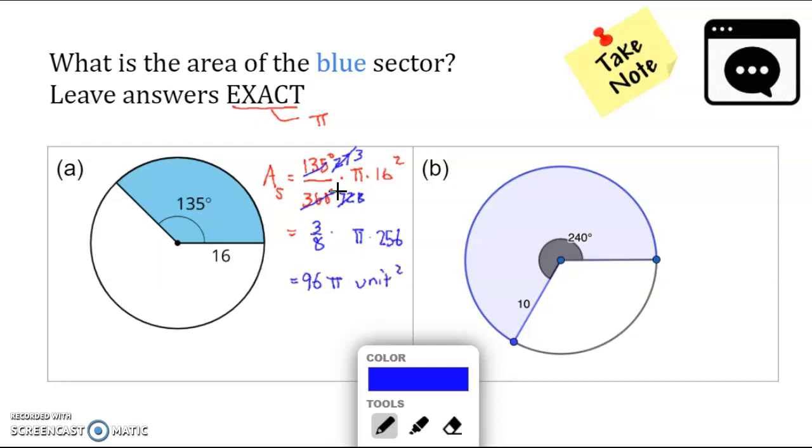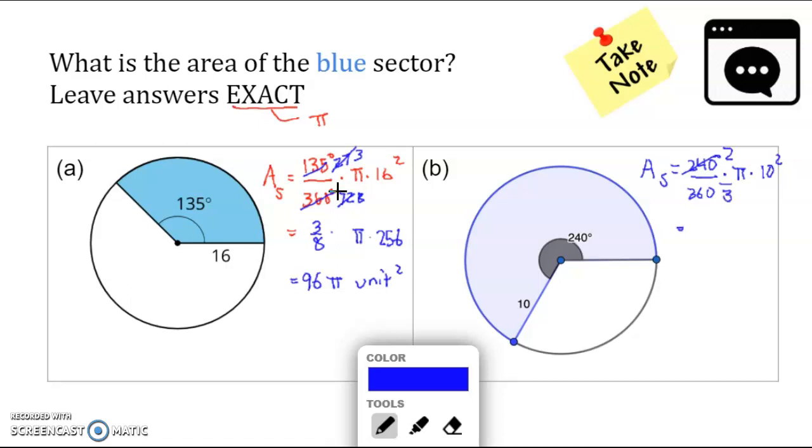What about this one? Again, area of a sector is the portion of the circle that you're dealing with. We're given the central angle is 240 degrees over 360, multiplied by pi r squared, which is 10 squared. 240 divided by 360, I do know that if I divide both by 120, that simplifies to 2 over 3.